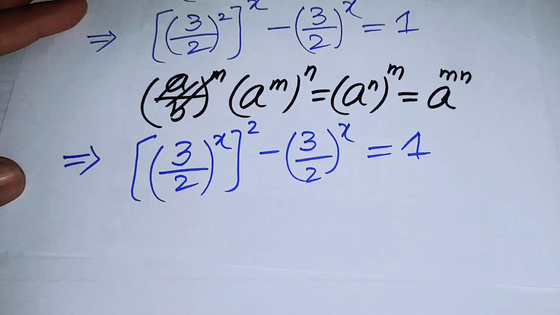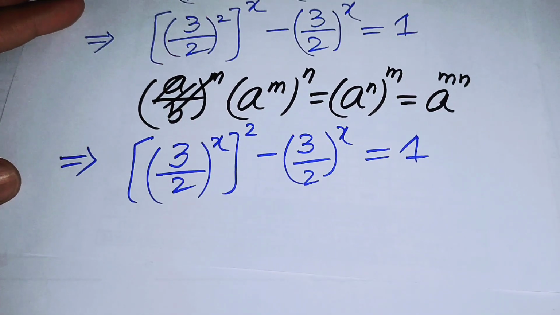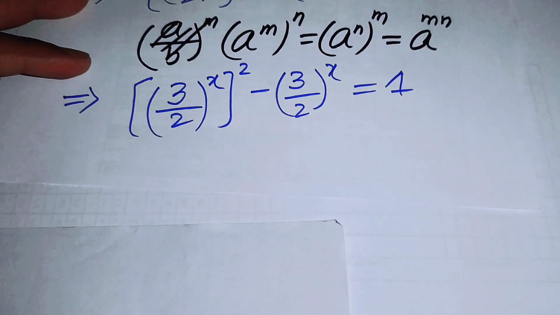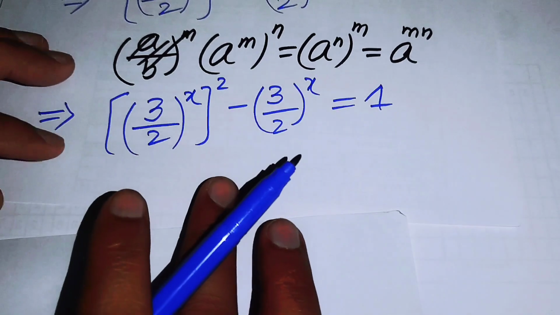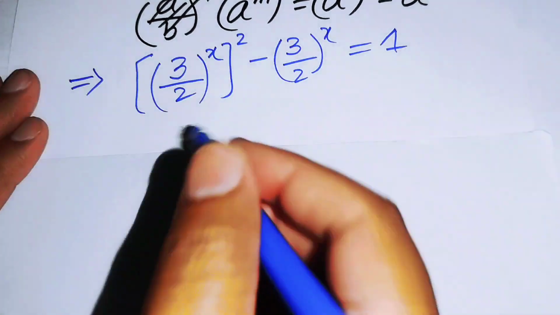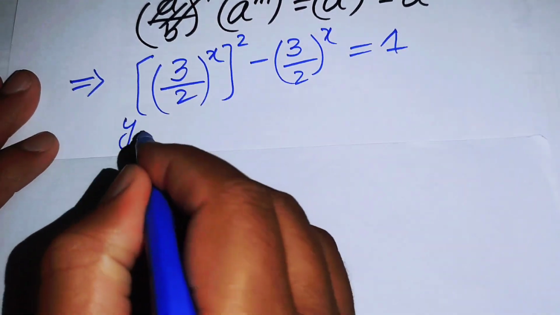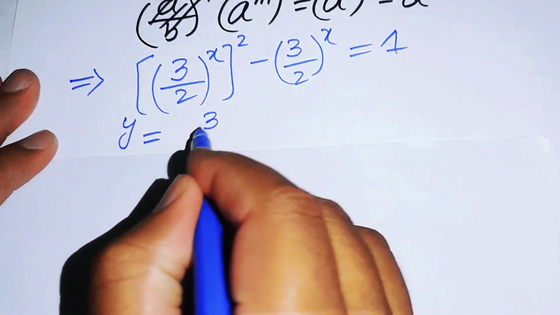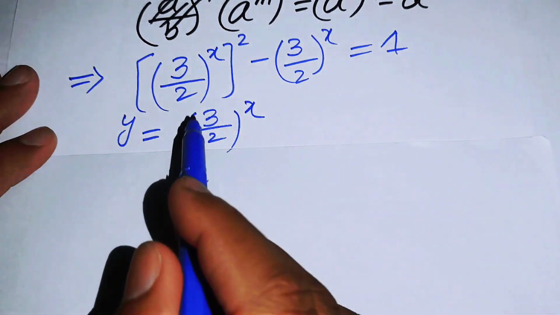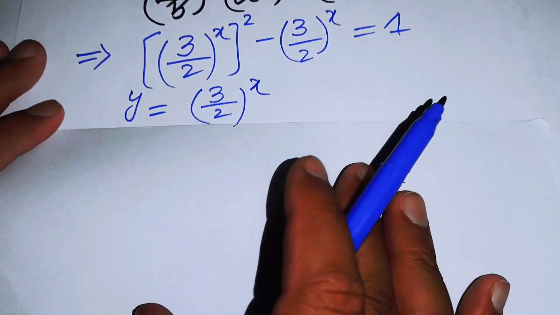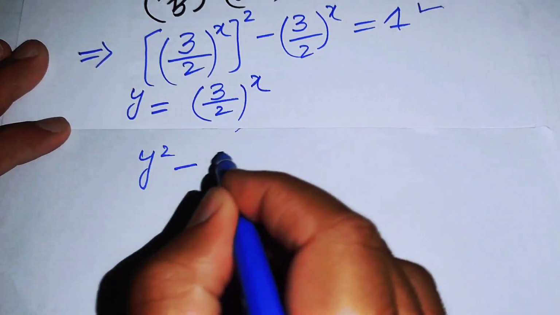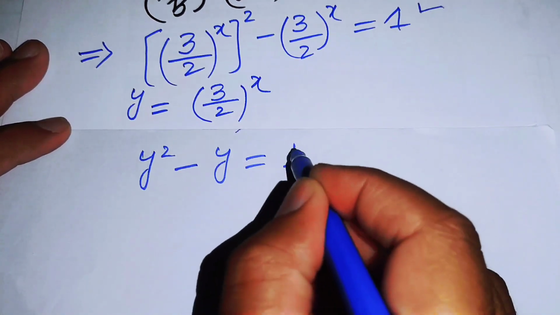And after that I will rewrite this expression, because I can change this exponential equation into quadratic form, so that I can substitute y is equal to 3 over 2 to the power of x. When you substitute y, this equation becomes y square minus y is equal to 1.